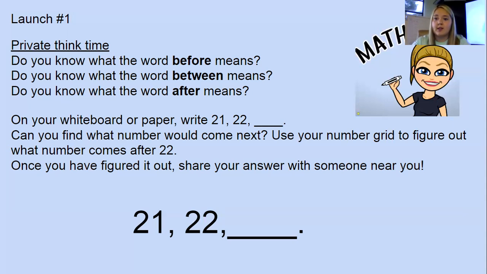Say that with me, friends. Ready? 21, 22, blank. And your job is to figure out what number comes after 22. So use your number grid, look at it, find 22, and figure out what number comes after. And tell someone near you when you figured it out.